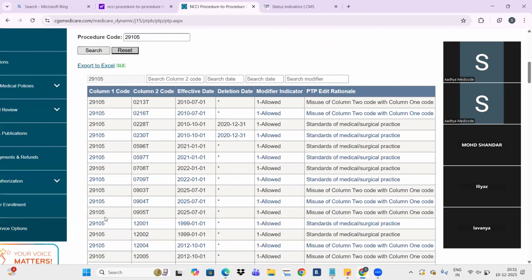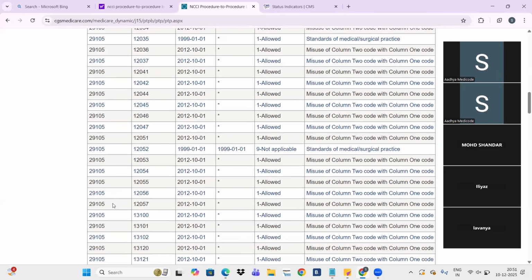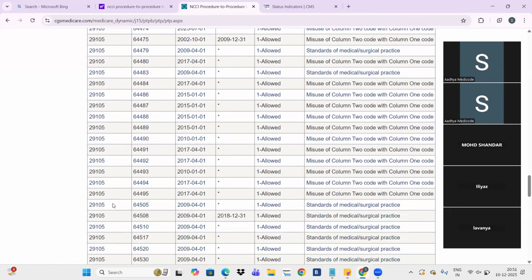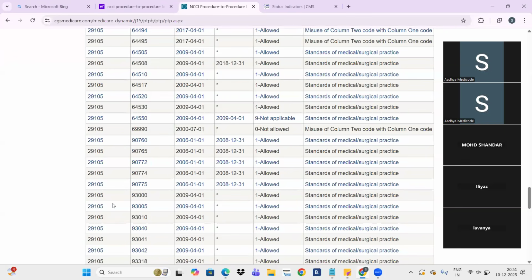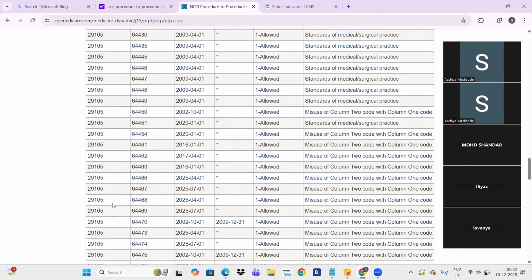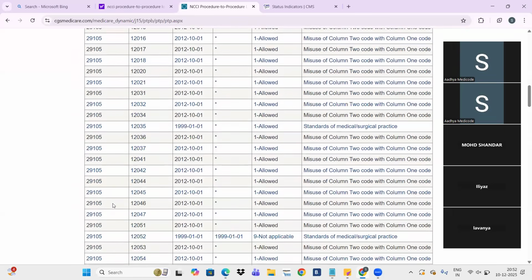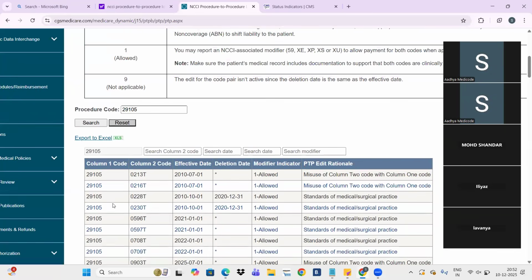If we get 1, we need to append a modifier. If we get 9, no need to append any modifier, directly code. If we get 0, we should not code those two procedures together. Column 1 is the primary surgery, column 2 is the minor surgery. Minor surgery, always we need to skip the column 2 procedure.